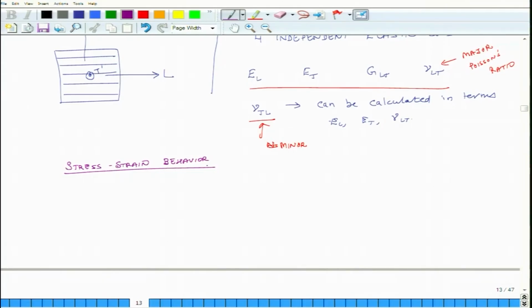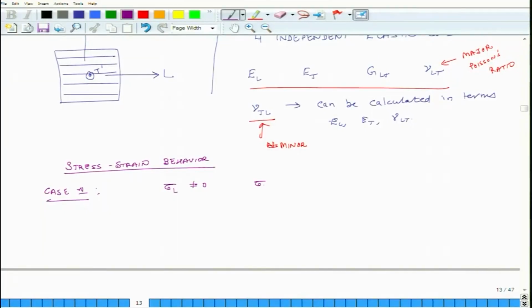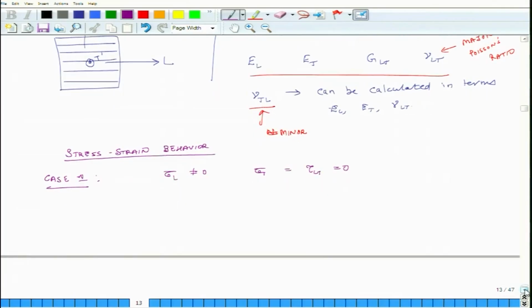And we will look at actually 4 different cases. Case 1. So, if sigma L is not 0, and so for this kind of material we can apply 3 different types of stresses: sigma L, sigma T and tau LT. Those are the 3 things. So, if sigma L is not 0, but sigma T equals tau LT equals 0, then what will happen?